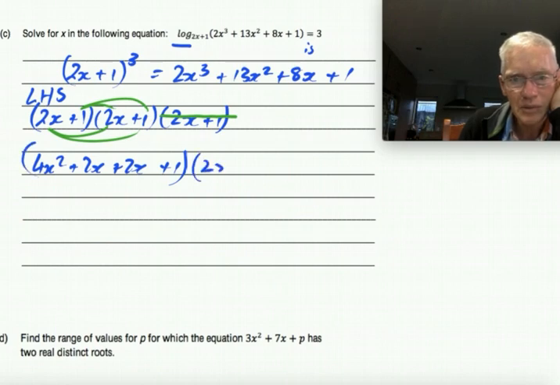And that's multiplied by the 1 I've crossed out. So continuing on the left-hand side, that's 4x in the middle, so I'm going to write 4x squared plus 4x plus 1, and we're going to multiply it by 2x plus 1.